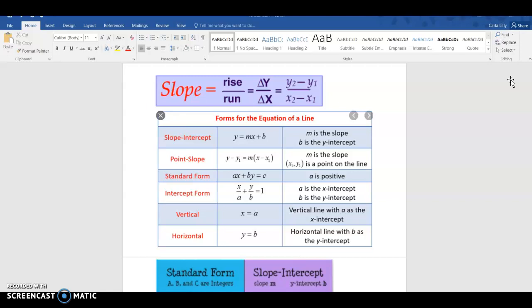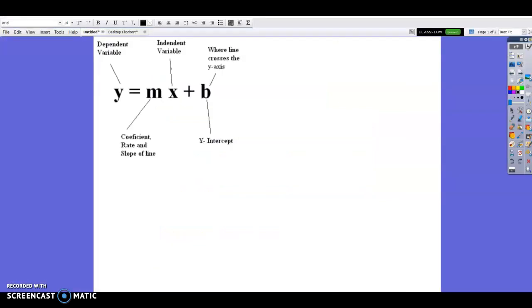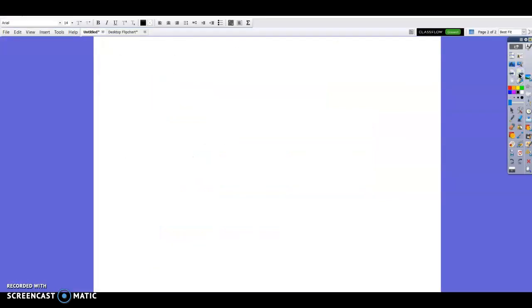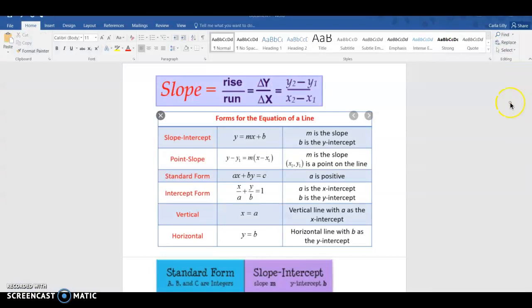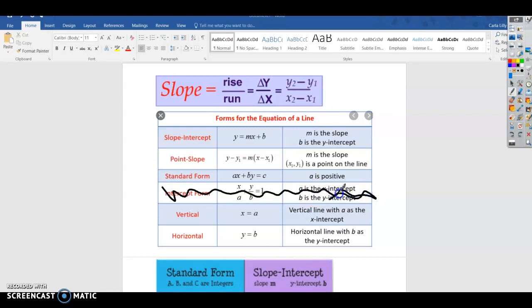Horizontal line, we looked at y equals a. They're using b here, but it's the y-intercept, so they're using b from the slope-intercept form in this equation. All right, so these are equations to know. Again, you don't have to worry about this one.